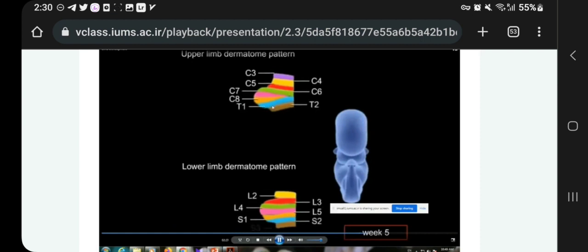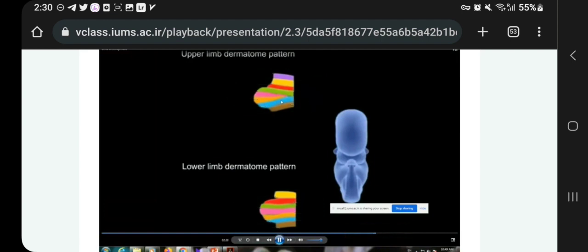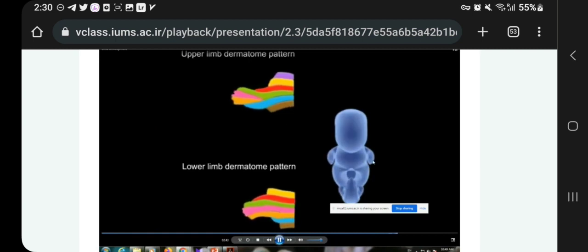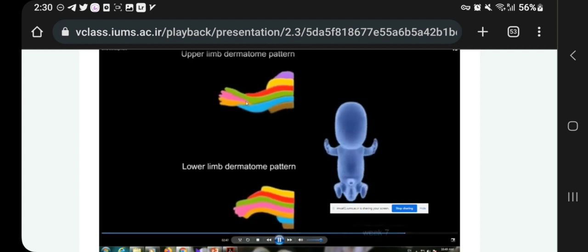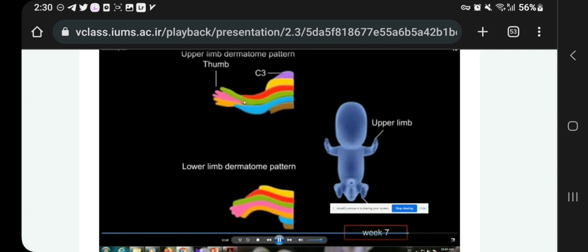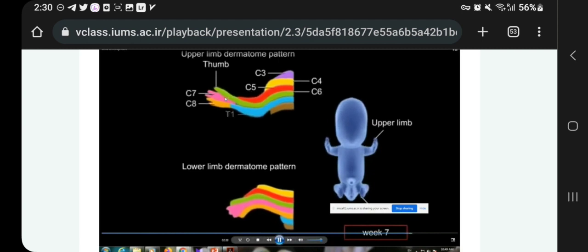Look here, for the lower limb and for the upper limb, that's outgrowing in the 6th week, the foot plate and hand plate, and in the 7th week we have a rotation.